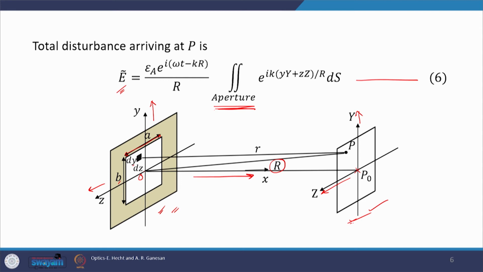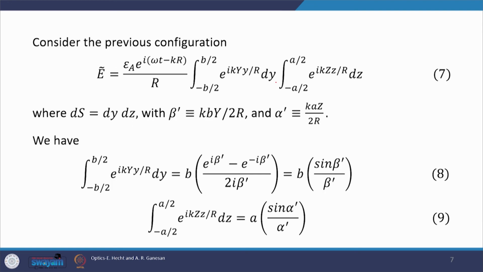Okay. With this, we will solve equation number 6 to get the irradiance produced by the rectangular aperture. Now, you see that in equation number 6 we have y and z dependent terms which are coming in the exponential.